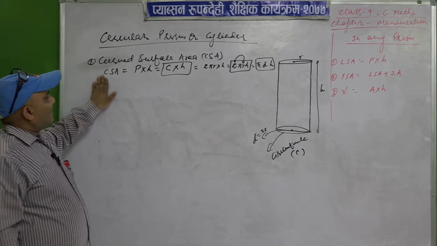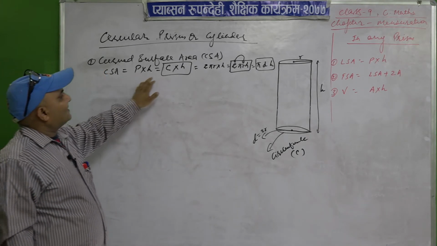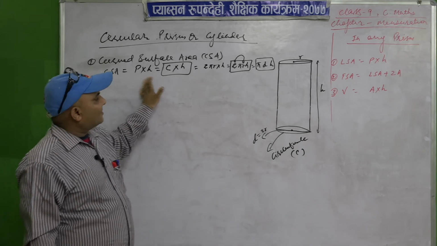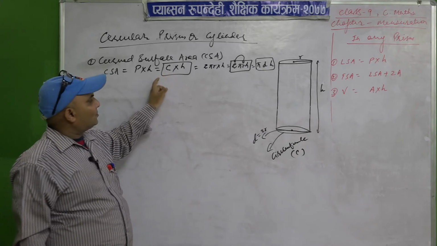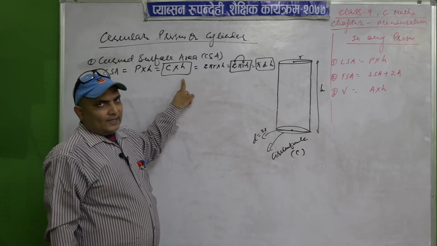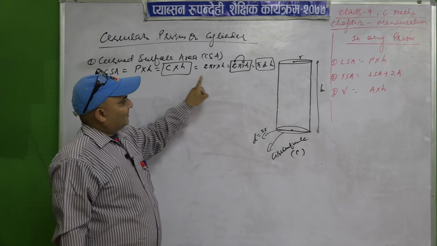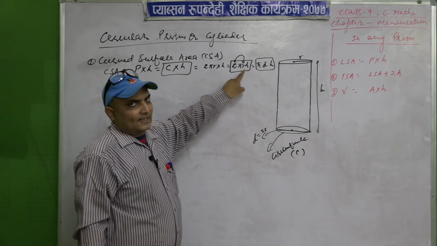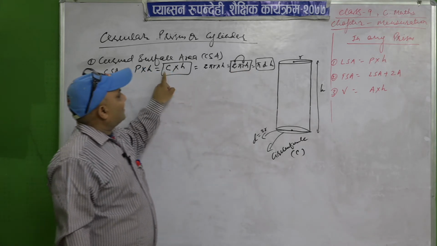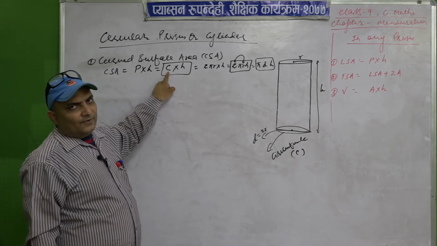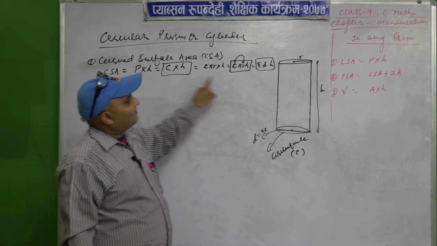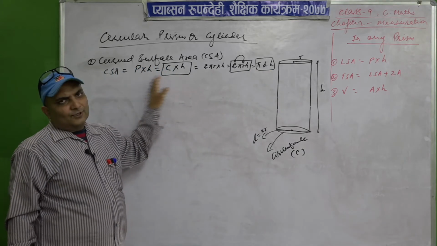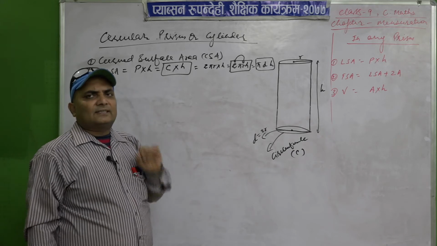The basic formula is perimeter into height, or in the place of perimeter we can write circumference. So the first formula is C into h, in the form of r it will be 2 pi r h, and in the form of diameter it will be pi d h. So these three formulas are for the curved surface area of the cylinder.